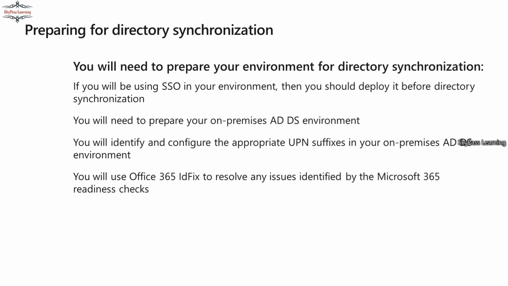For example, you have a company domain abc.com, so your email addresses must be abc.com, and it is not recommended to keep your internal domain. Your internal domain might be abc.local or abc.internal or something like that.